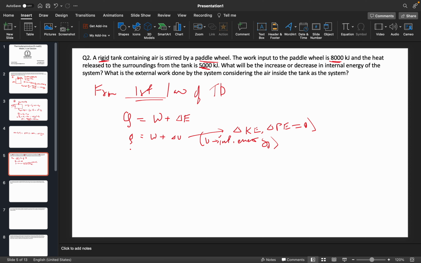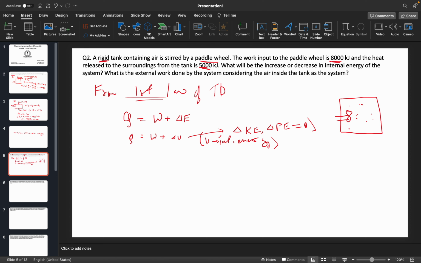Now one more thing we know, that heat added to the system is positive and heat removed from the system is negative. Now first of all, let us see our system. Our system is a rigid tank, and it contains air. There is a stirrer which stirs the air.